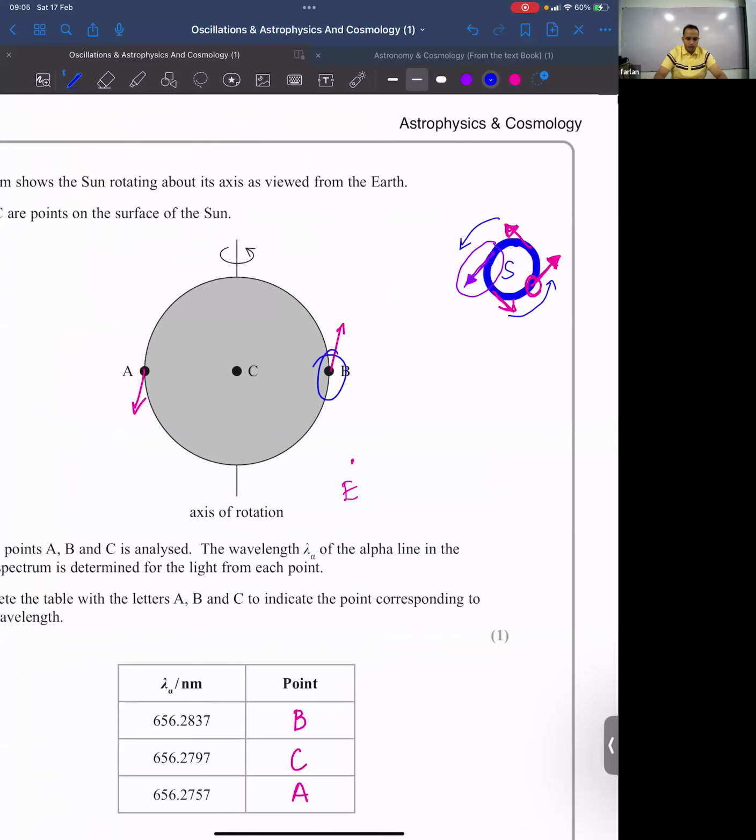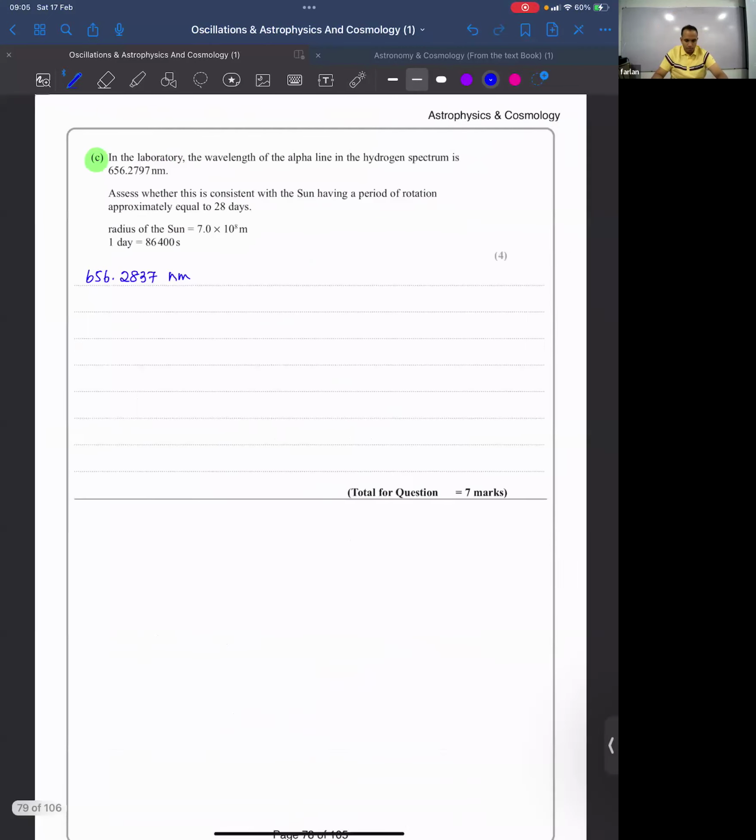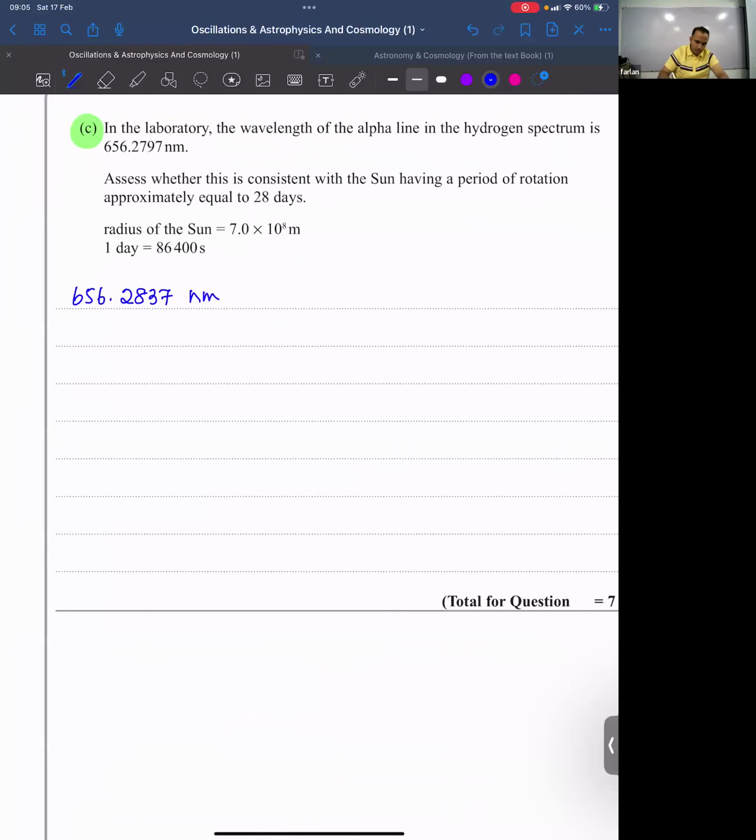So based on that, I can find the speed of this point B. I can take V over C equals delta lambda over lambda. Redshift is equal to V over C, which is equal to delta lambda over lambda. So V is going to be the point B speed.